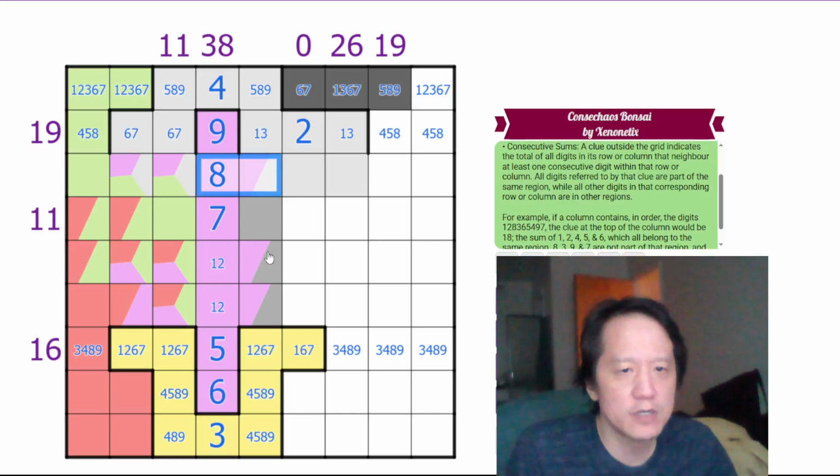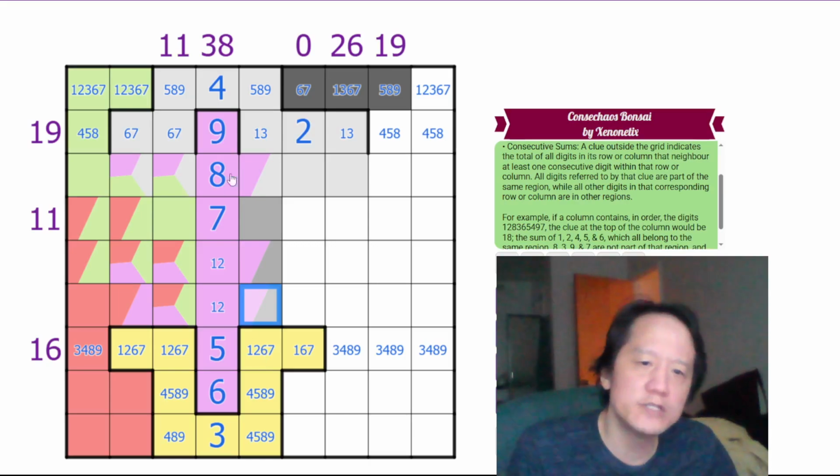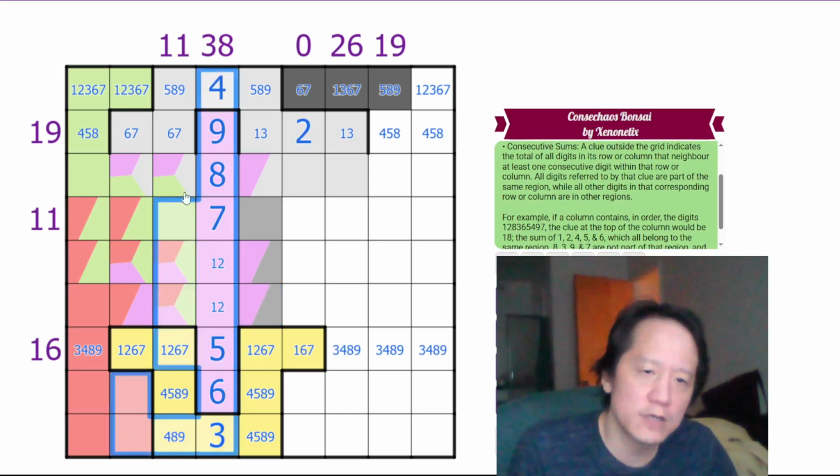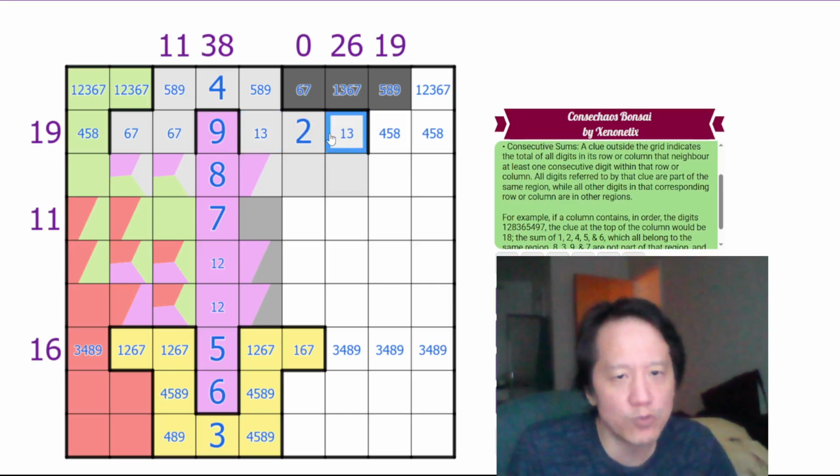We are missing a 3 and a 4. What digits are outside of these digits here? We have a guaranteed 1, 2, and 3 outside.